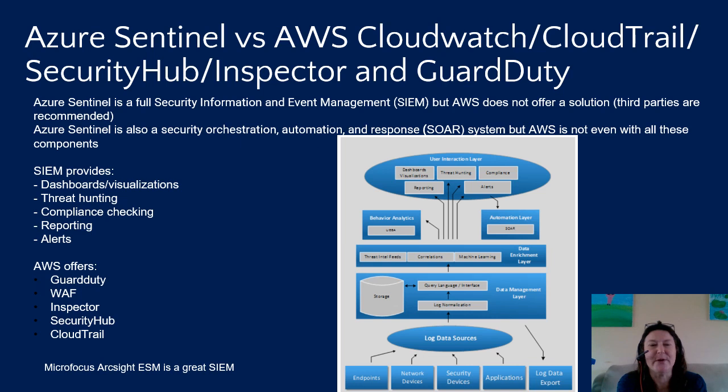The thing with AWS is it splits a lot of the requirements of these tools into different parts. So AWS has a number of different tools that do these things. GuardDuty is an intrusion detection system and intrusion prevention system. WAF is also an intrusion prevention system. There's Security Hub and Inspector.